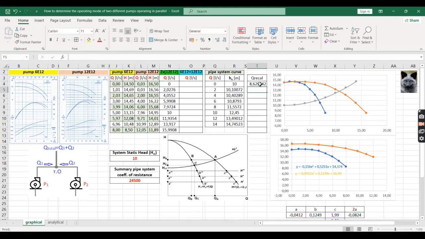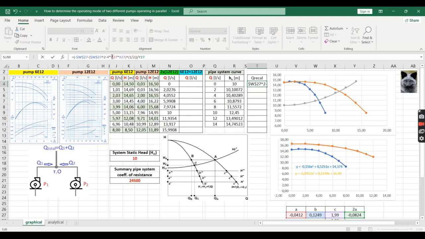So this will be the flow rate, the recalculated value of the flow rate in respect to this value of the head. So now let's indicate which are the parameters that remain constant.